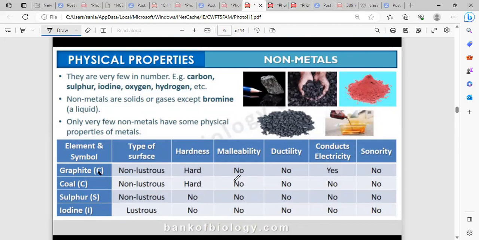Hard: graphite and coal yes, the others no. Ductility: no. Conducts electricity: graphite yes, the others no. Sonority: no. So if I ask you to name one non-metal that is hard, it is graphite and coal. Name one non-metal that conducts electricity: graphite. Name one non-metal that is lustrous: iodine. Clear? Got it.